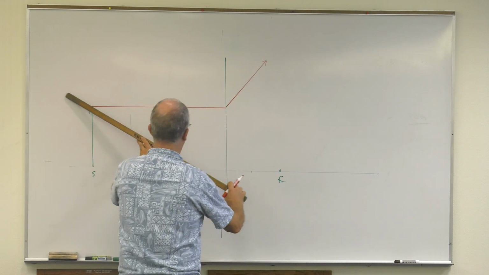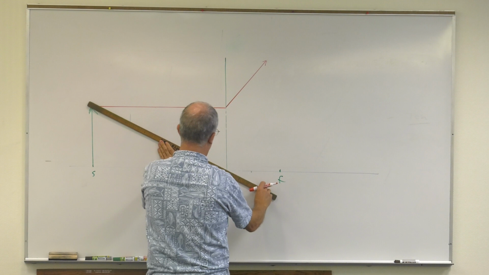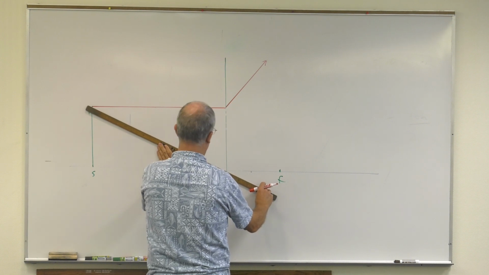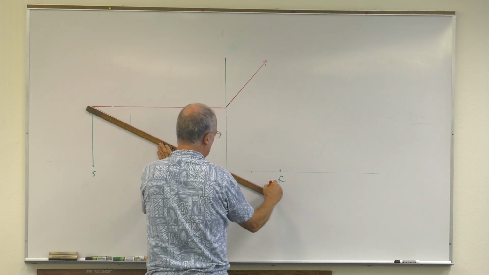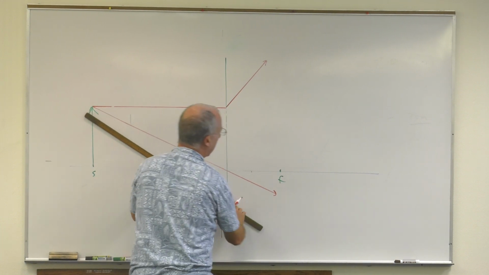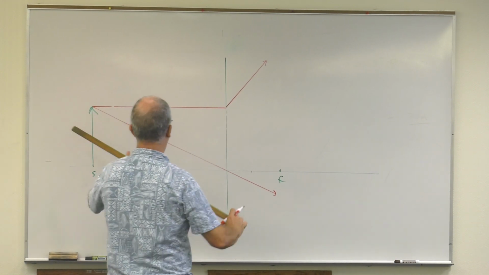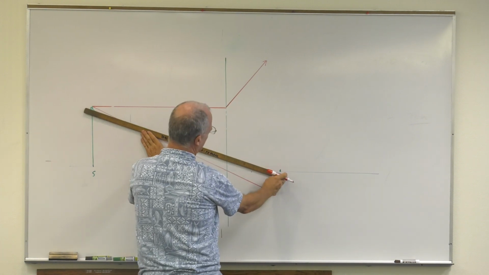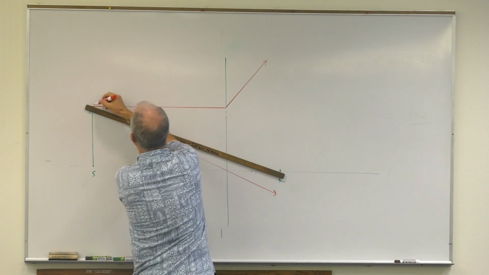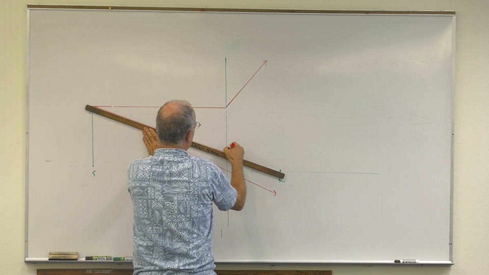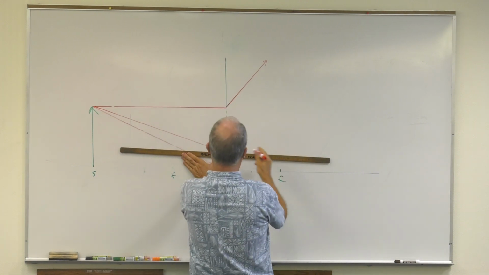Let's do the third one. It's always easy. And the second one, you aim at this focal point. So it's focal in, but then you hit the lens and you go parallel out.